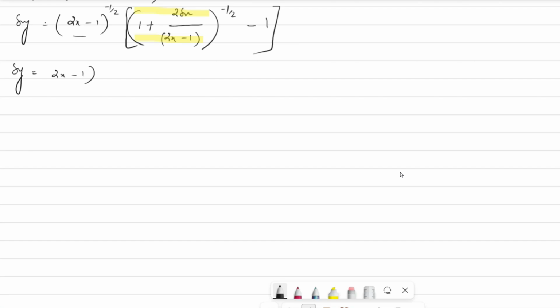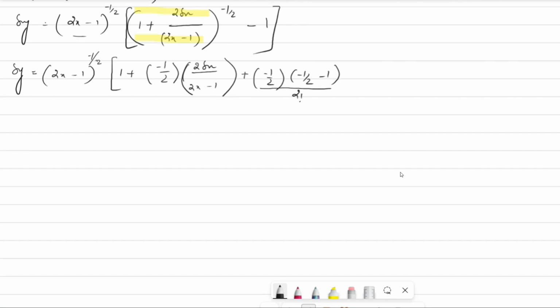So it would be (2x minus 1) whole raised to the power minus 1 upon 2 and 1 plus minus 1 by 2 into 2 delta x by 2x minus 1 plus minus 1 upon 2 into minus 1 upon 2 minus 1 by 2 factorial into (2 delta x by 2x minus 1) whole square plus up to so on, minus this minus 1 will be coming as it is.